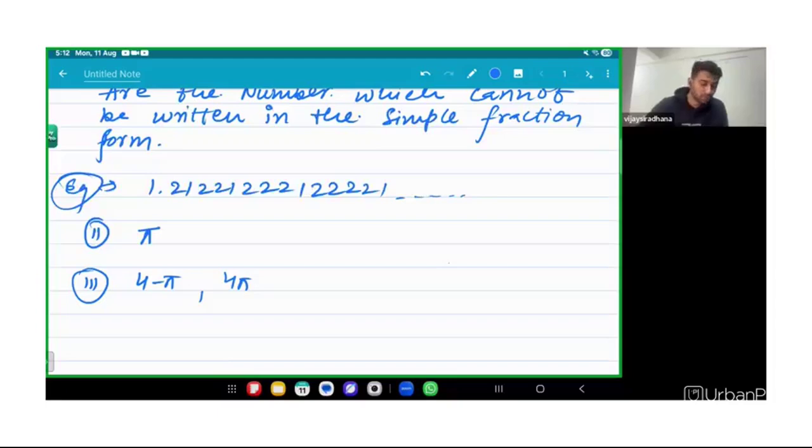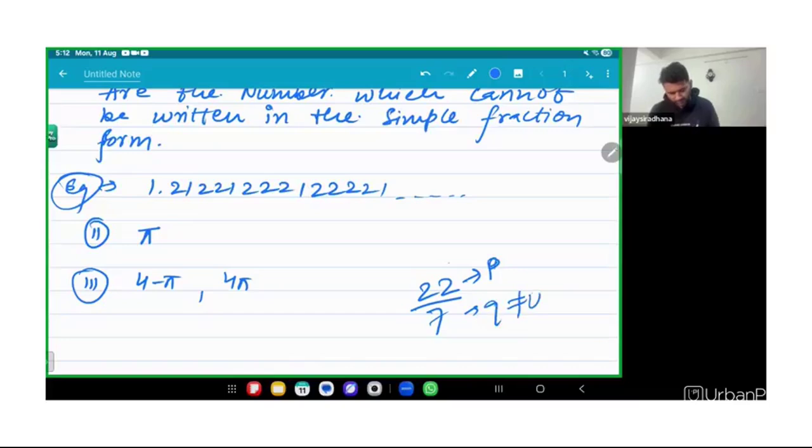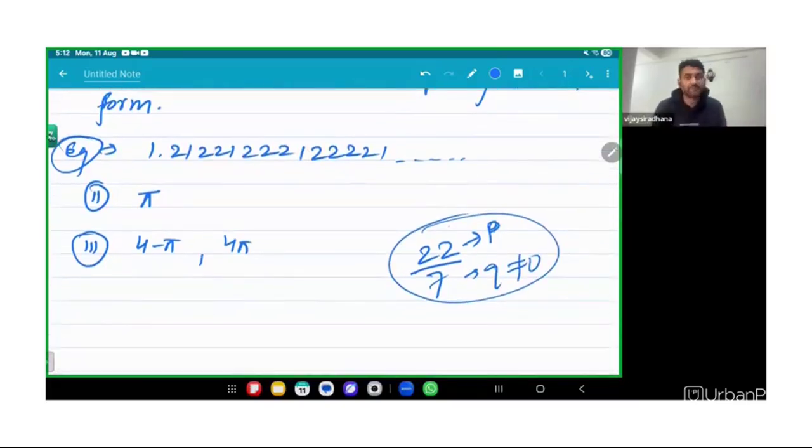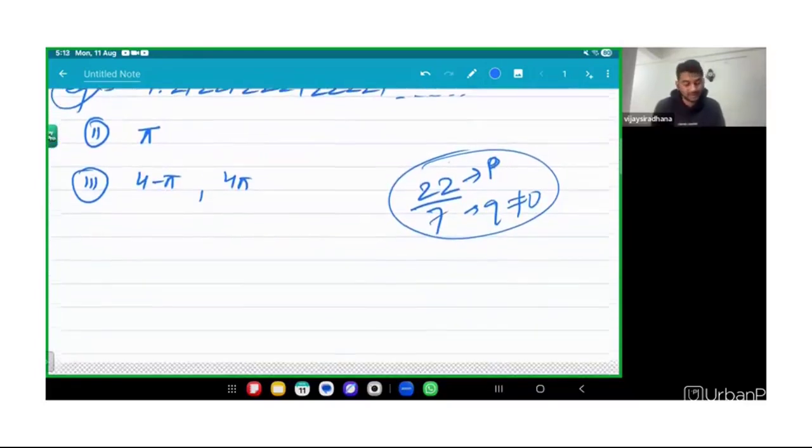But the answer is no. Pi is irrational in nature, but the value 22 by 7 is rational, because you are writing it in p by q form where q is not equal to 0. So yes, it is a rational number, but the true value of pi is irrational.